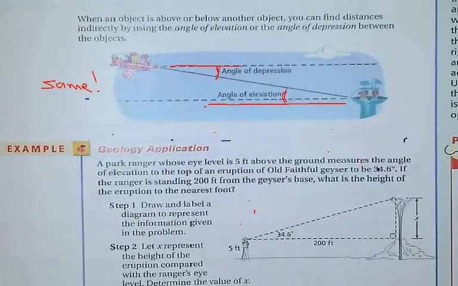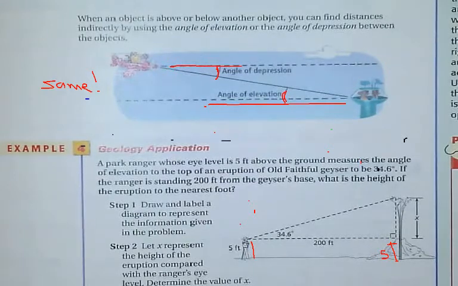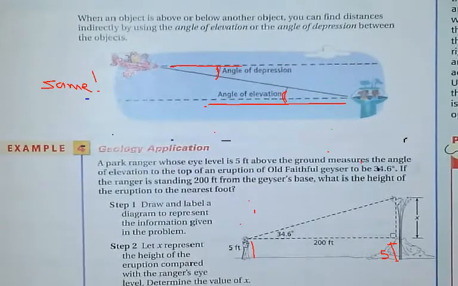So in this one, a park ranger whose eye level is 5 feet off the ground. So this distance from here to here is 5, which of course means the distance from here to here is also 5, right? We know that because his little protractor is right there at his eyeball, and so he's measuring this angle right here, right?